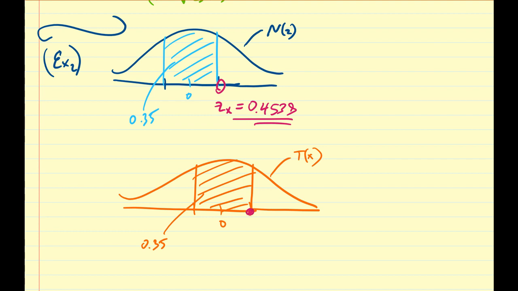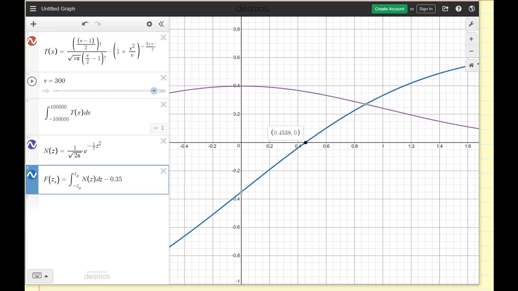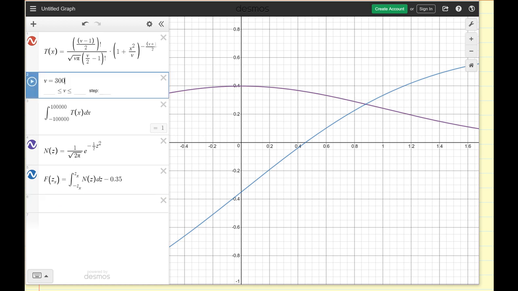So what is this value here? I'm going to call it t of x is equal to. So let us choose, say, degrees of freedom is equal to 30. All right, so what is that value going to be approximately equal to? Let's go to, what did we say, 30? Yeah.